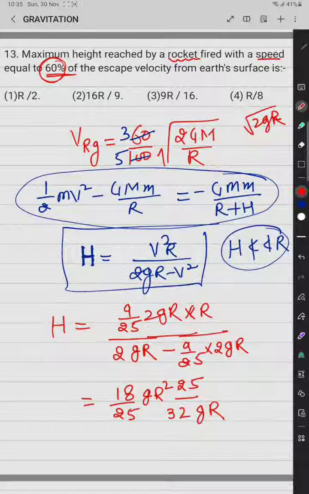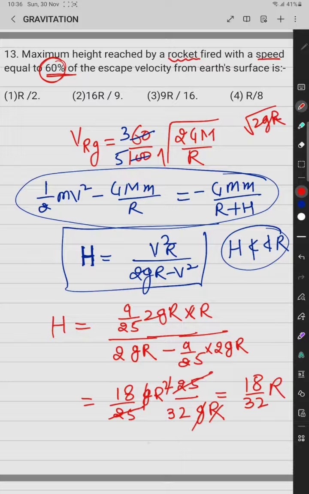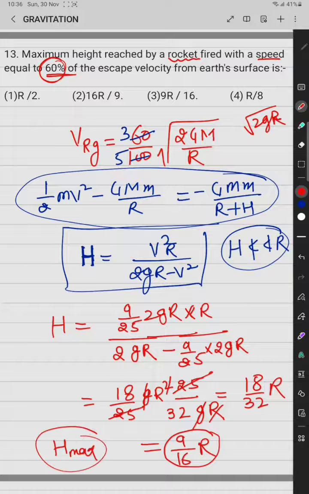So 25 cancels with the 25, g cancels with the g, and r cancels, so it is r times 18 by 32. So we can say it is 9 by 16 times the radius of the earth, that is the h maximum which is attained by the rocket.